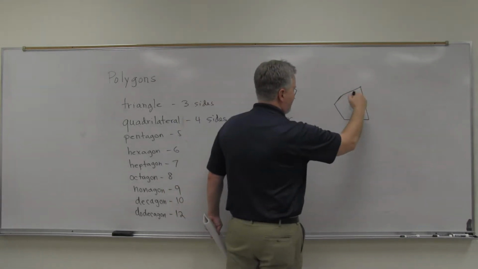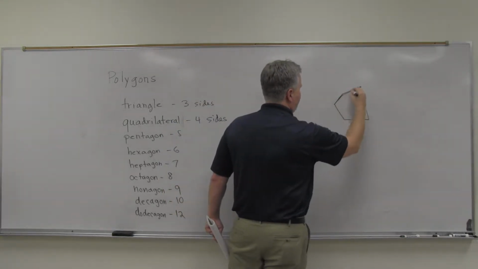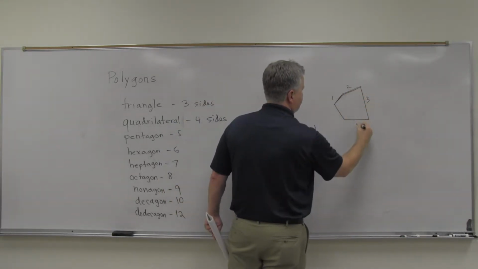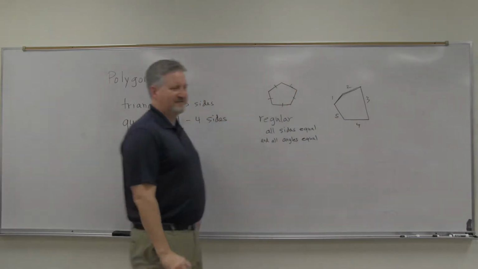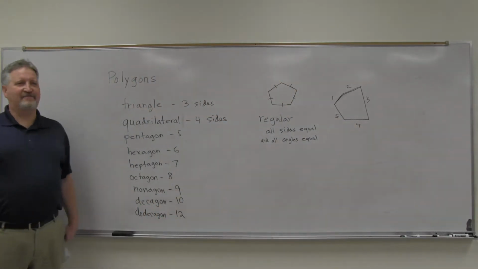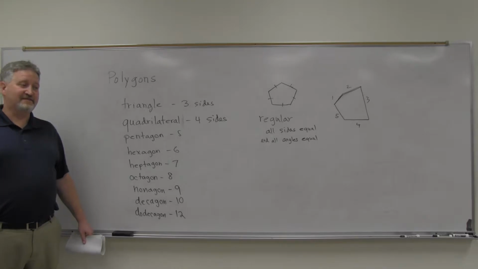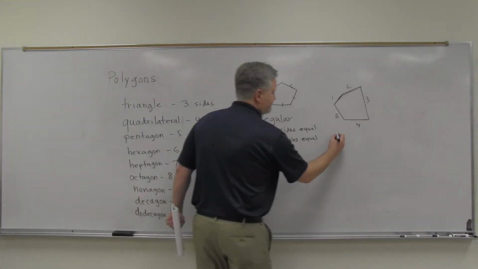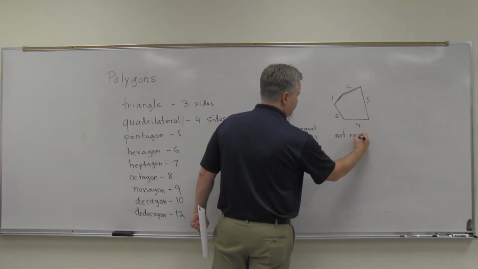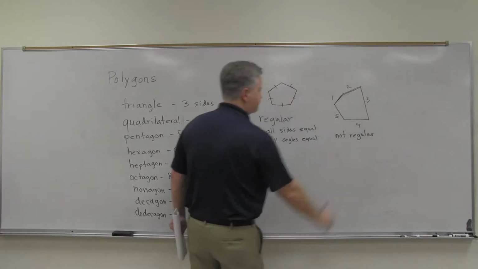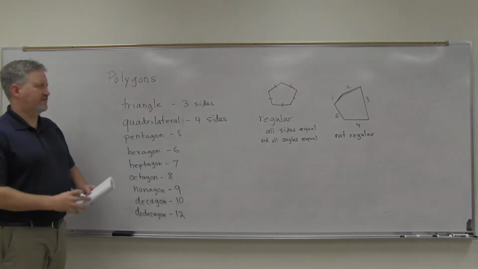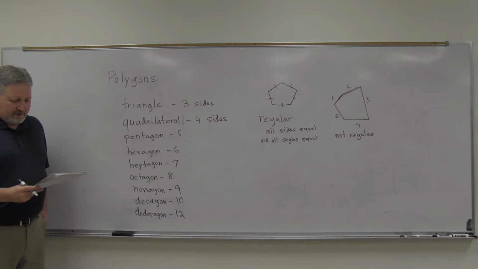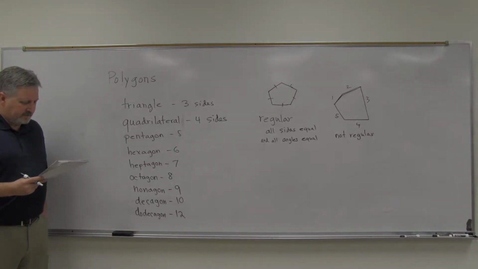Yeah, that one's got 5 sides. Should be 4 first of all. Yeah, it's got 5 sides, but it's still a pentagon. It's just not regular. So usually we think of the regular size. We'll talk more about those things later on. Just be aware of those.